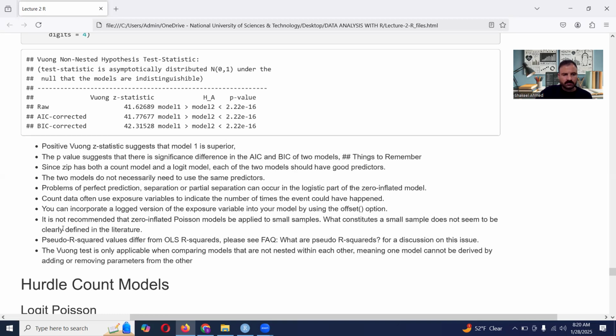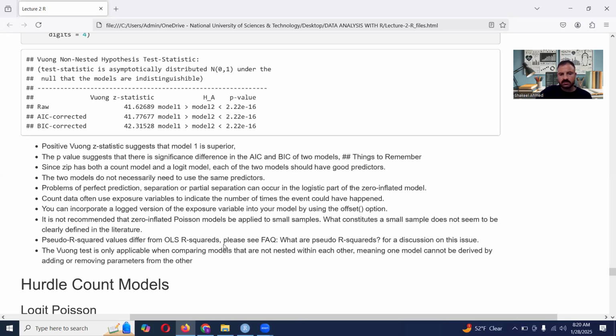It is not recommended that a zero inflated Poisson model be applied to a small sample as we need to estimate a lot of parameters. So there should be enough sample size while applying a zero inflated model. Zero R squared values differ from OLS R square.